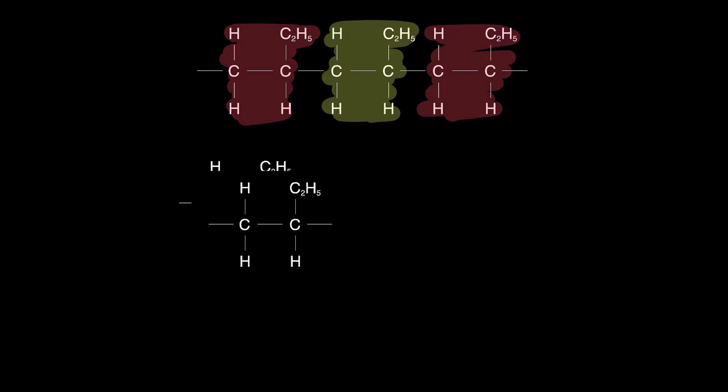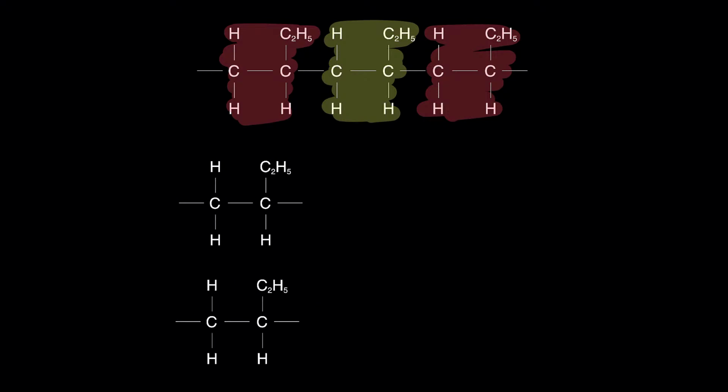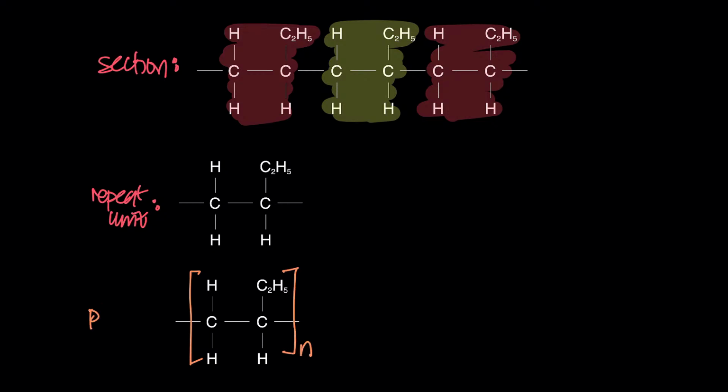If they say draw the formula of the polymer, on top is a section of the polymer. Then you have a repeat unit, which is a single unit. Then they ask you to make the polymer, so you just take the repeat unit and put n around it. It's called the formula of the polymer. And if they want the monomer, take the repeat unit and remove the continuity bonds and make a double bond right there.